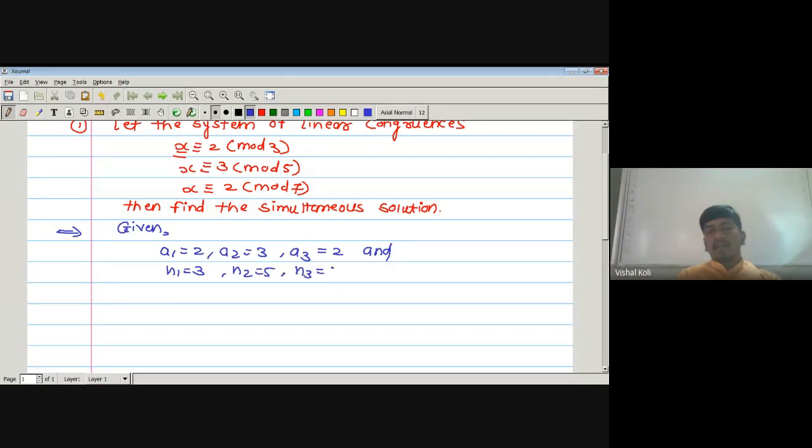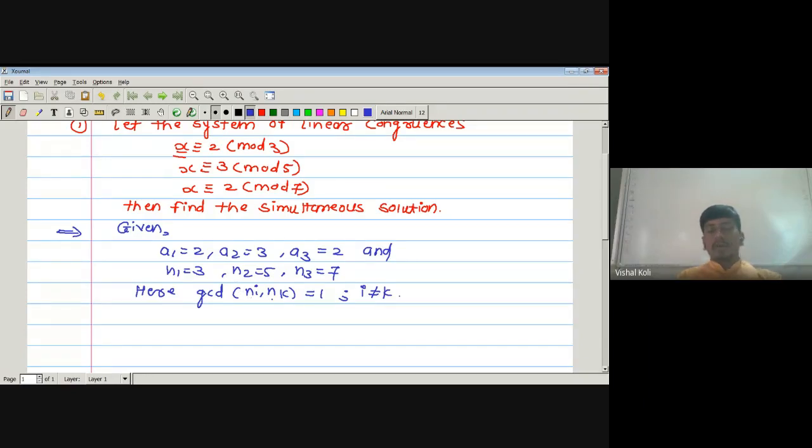Now we have to check whether the GCD of ni, nk is equal to 1 whenever i is not equal to k. Since 3, 5 and 7 are prime numbers, its GCD must be equal to 1.